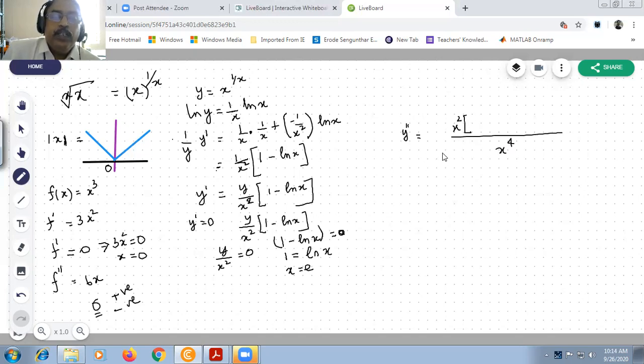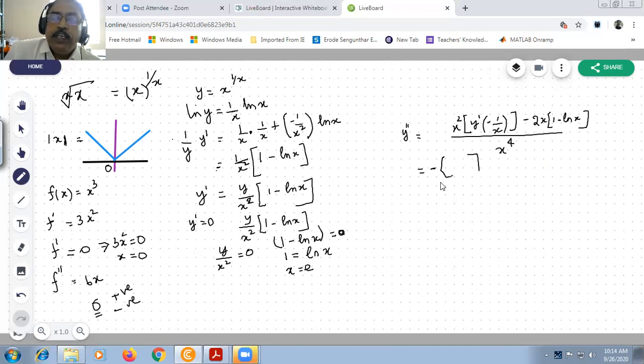So x square into, when you differentiate y, it is y dash, 1 minus ln x is minus 1 by x. Minus, you differentiate x square, that is 2x into 1 minus ln x.